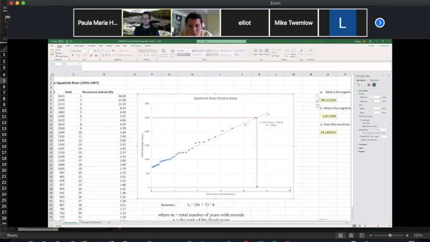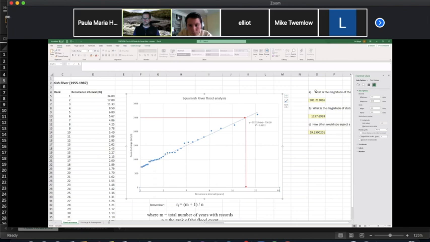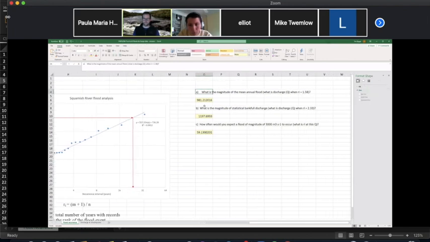The first one is just go across again. You can see the answers there, but let me just delete them for you. What is the magnitude of the mean annual flood? The mean annual flood is a statistical term, and also statistical bankfull discharge.